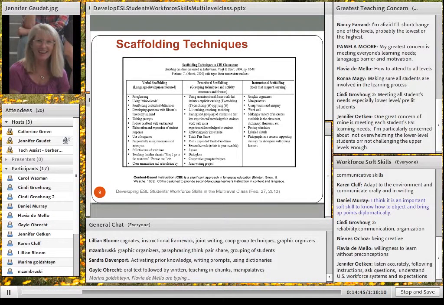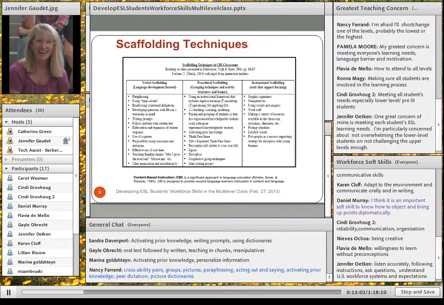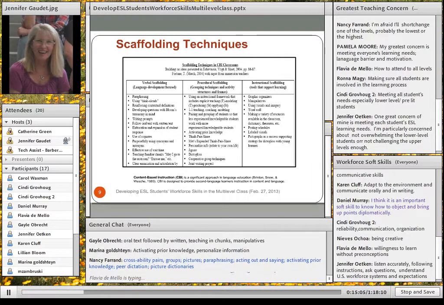And I love how our students have their cell phones on the internet and they can get pronunciation as well as meanings for words. Okay, oral text followed by written. Teaching in chunks, manipulatives, activating prior knowledge, personal information, also making it personal, right? Crossability, pairs, groups, pictures. Okay, you definitely have the idea.